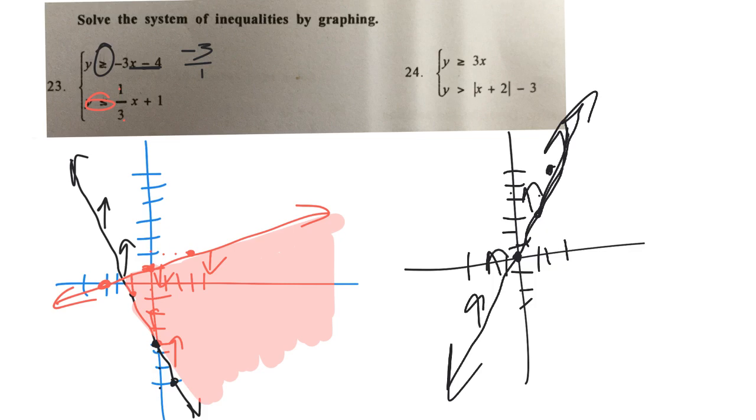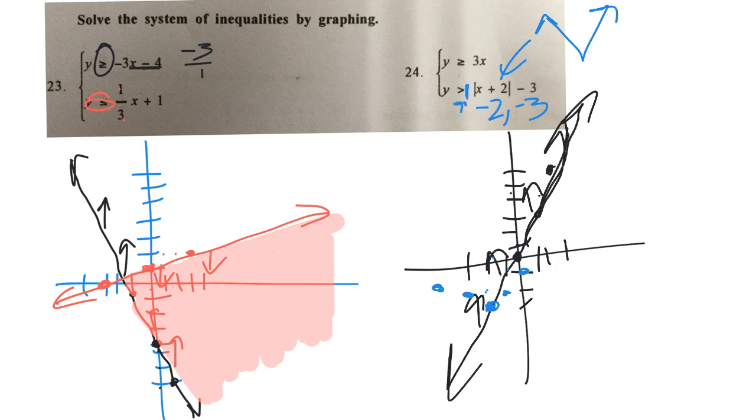I'll do the absolute value. An absolute value function is a V. So the vertex is at negative 2, negative 3. So negative 2, negative 3 is here. I have a slope of 1, up 1 over 1. And then I go up 1 to the left 1, up 1 to the left 1, because that's my slope.